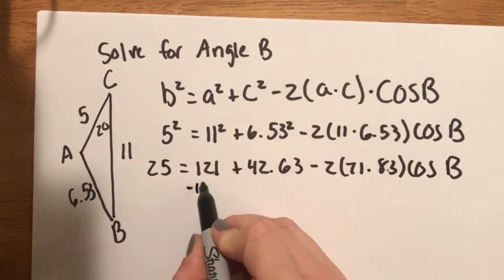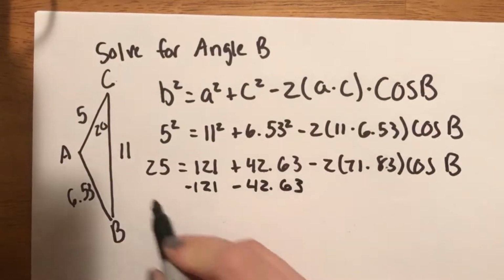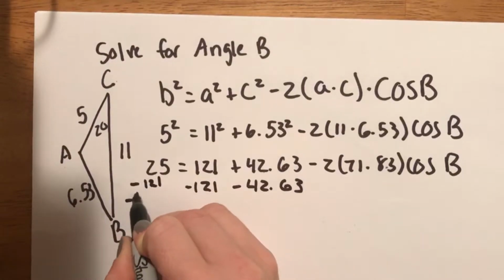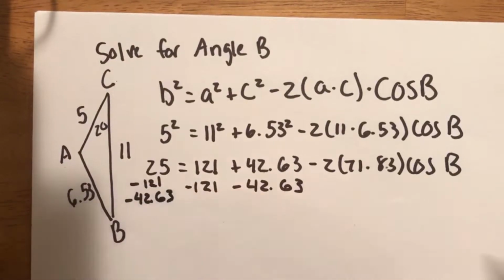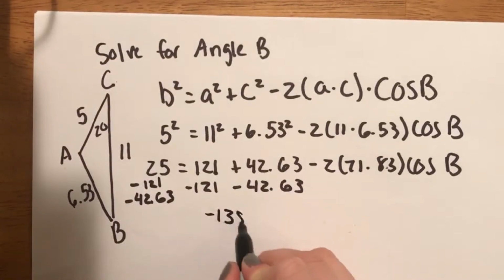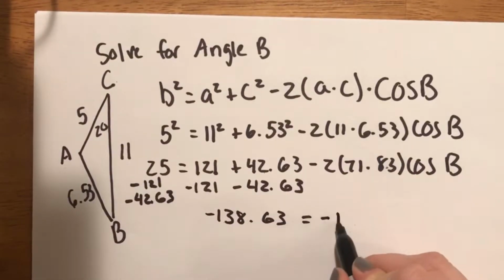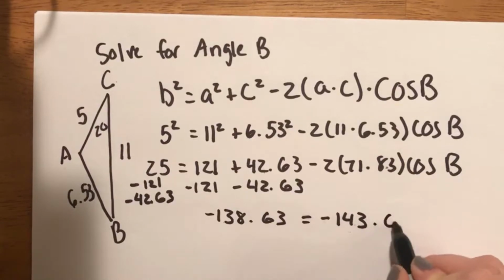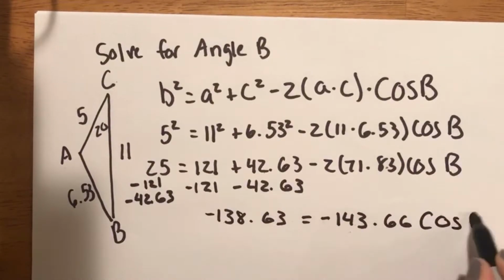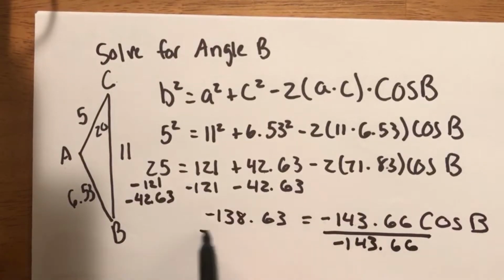Now we have to subtract 121 and 42.63 from both sides. This leaves us with negative 138.63 equals negative 143.66 cosine B. Now we're going to divide both sides by negative 143.66.